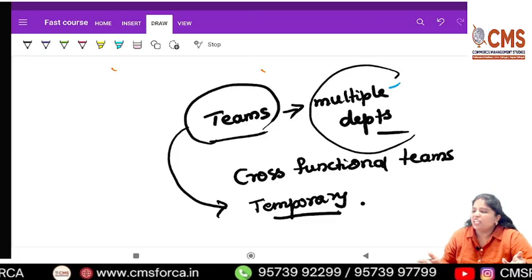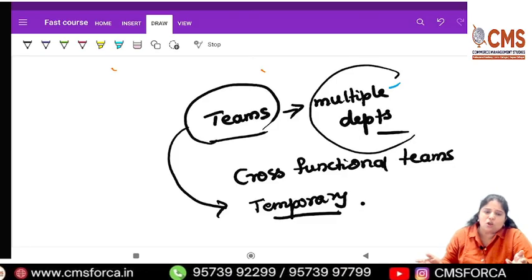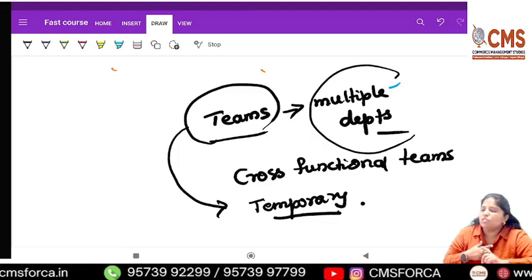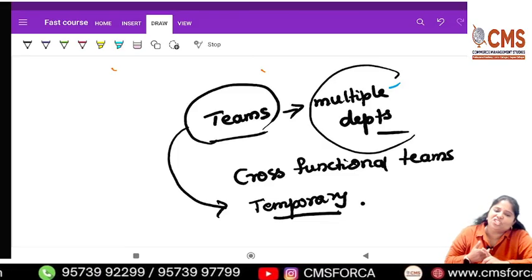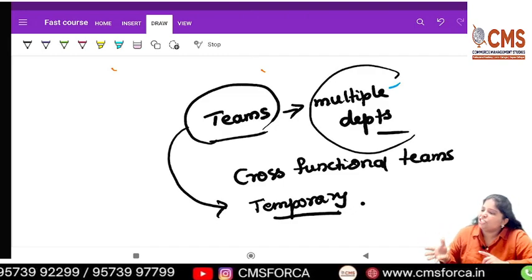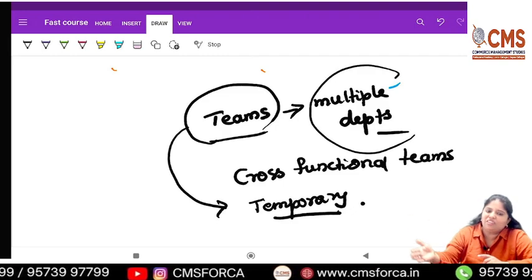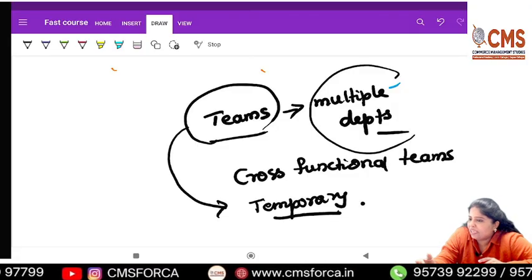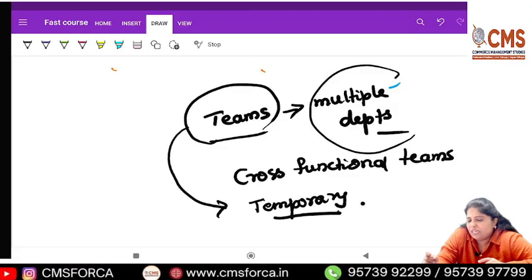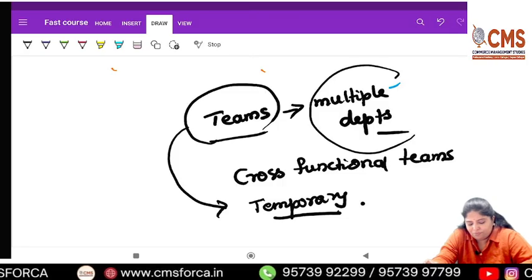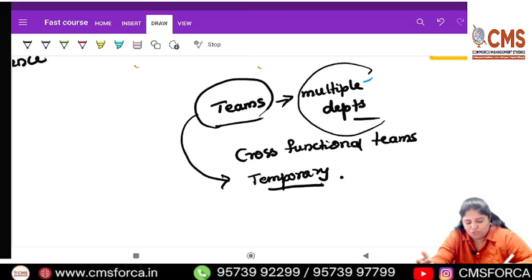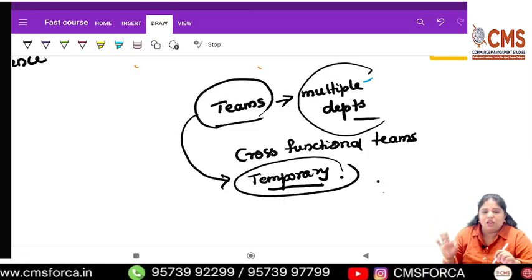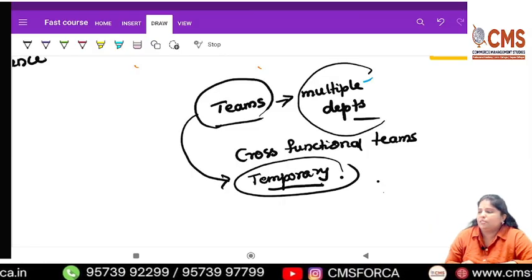They can give all their thoughts and opinions on the project. Your project goes more qualitative and can be finished in less time. And the lag in decision making can definitely be reduced. But the only thing you should remember is that these are only on a temporary basis.